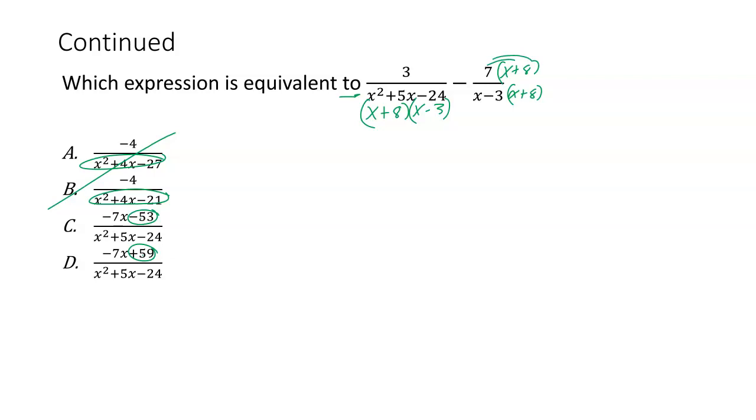So we distribute, and I end up with 3 minus 7x minus 56. You have to remember to distribute that negative. If you don't distribute that negative, you know which answer you end up with? D. You need to distribute that negative.